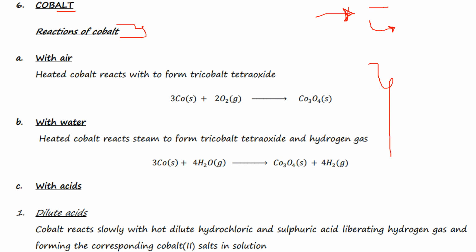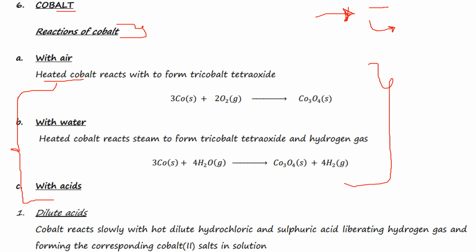This video is supposed to be brief because the chemistry of cobalt and nickel does not require depth of understanding, but we just require to know specific reactions because also cobalt is not examinable in the practicals that are carried out at advanced level. So you'll be looking at it in details when you proceed to the university.